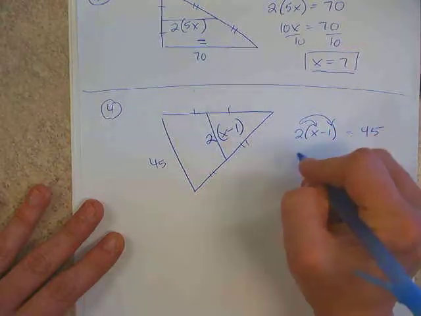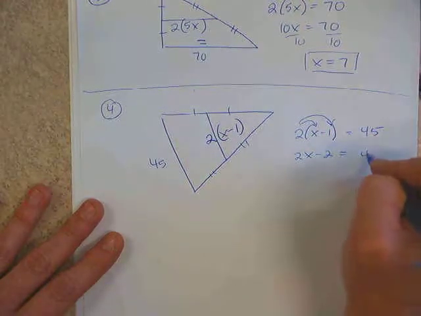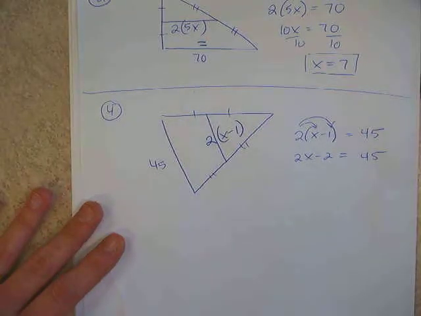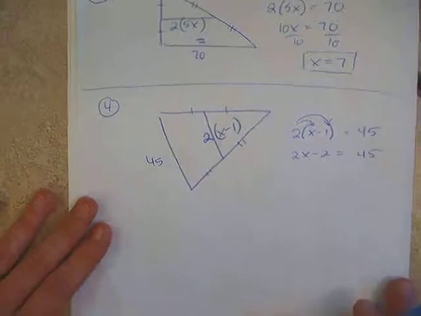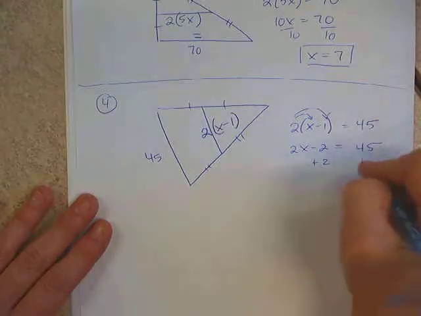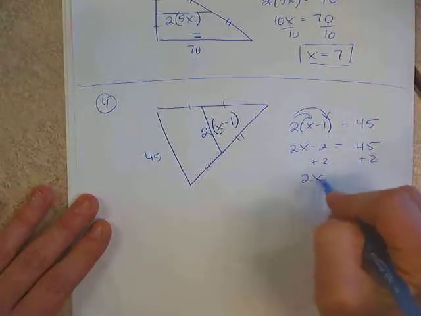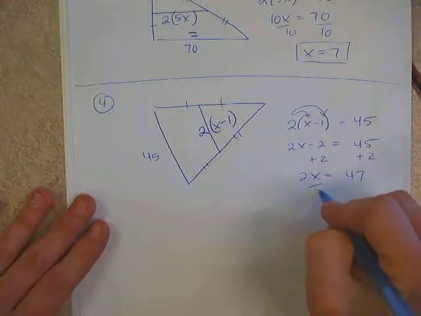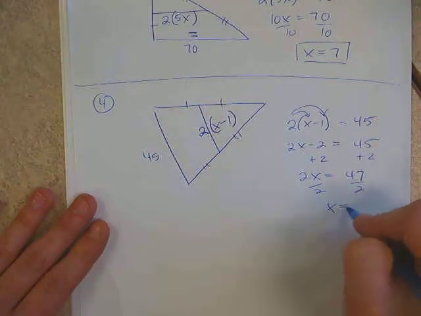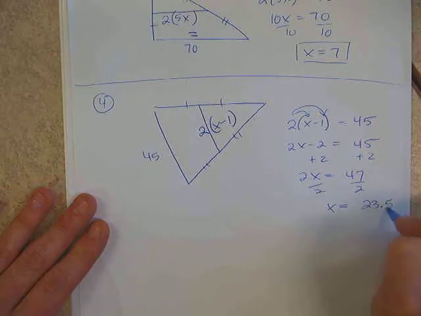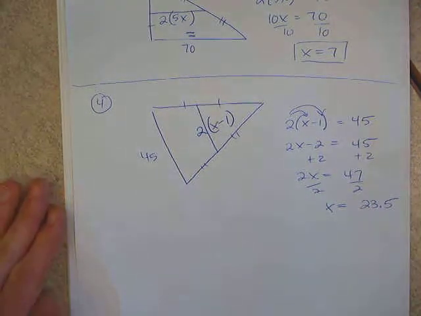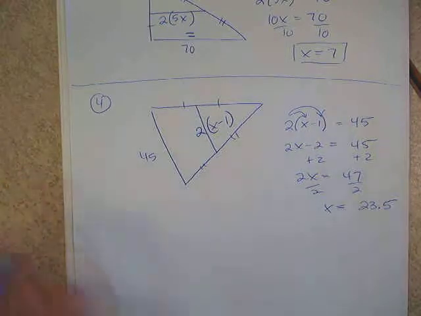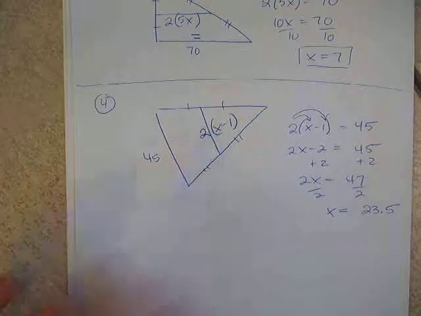What we're going to do, remember, is we're going to put parentheses if you've got an expression and double it, multiply by 2, and then we can set them equal. So you multiply by 2 first, so we have 2 times x minus 1 equals 45. Now you do have to remember to distribute. So this would be 2x minus 2 equals 45.